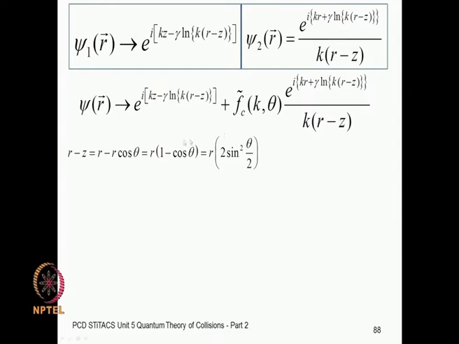So to get that, first of all you recognize that r minus z is r times twice sine square half theta, okay.